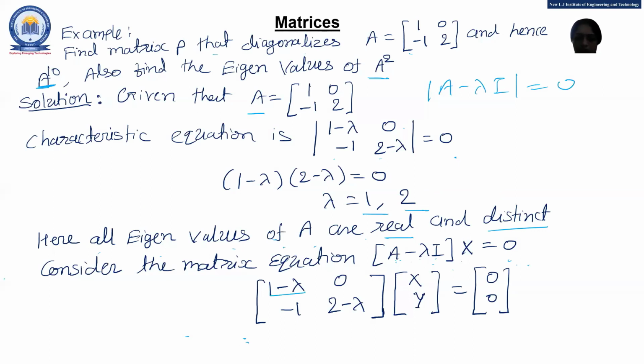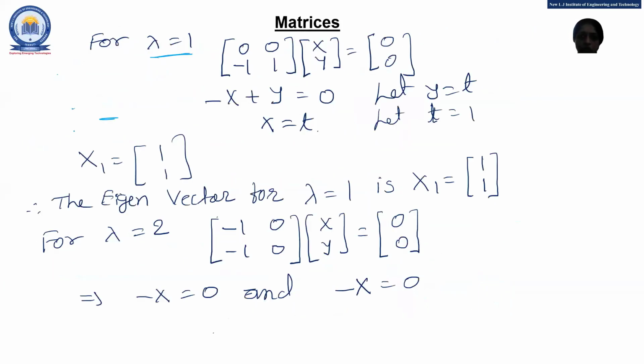here 1 minus 1 is 0 and 2 minus 1 is 1. So we have 0, 0 and minus 1, 1, times x, y, equal to 0, 0. The first row is 0 on both sides.